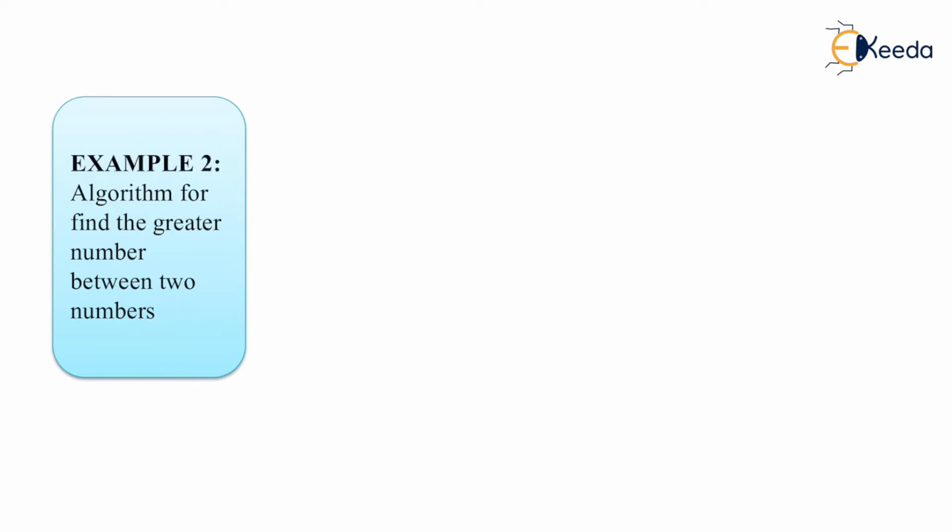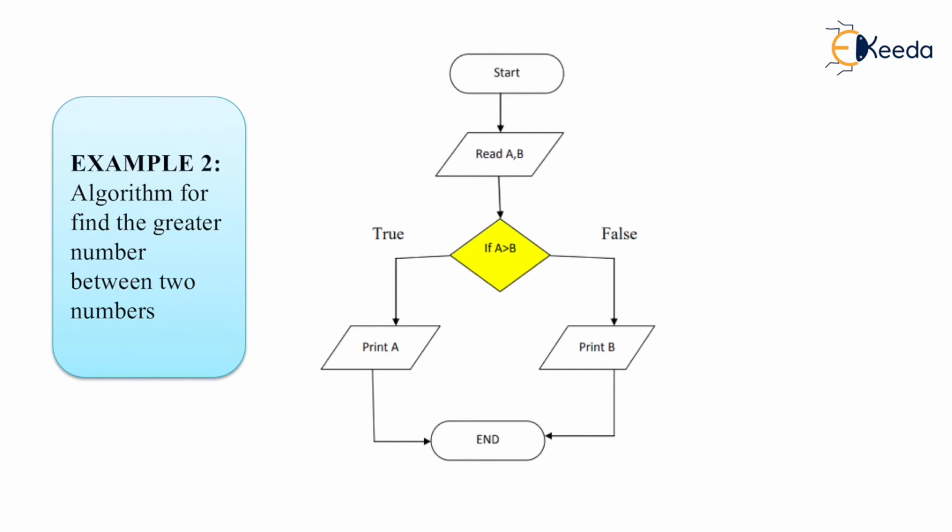Next, example 2: the algorithm to find the greater number between two numbers. First, we are taking the rounded rectangular box, which is displaying the start.